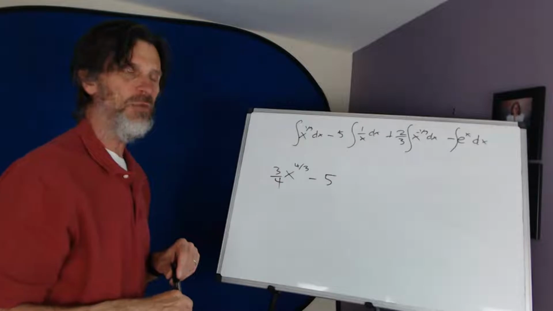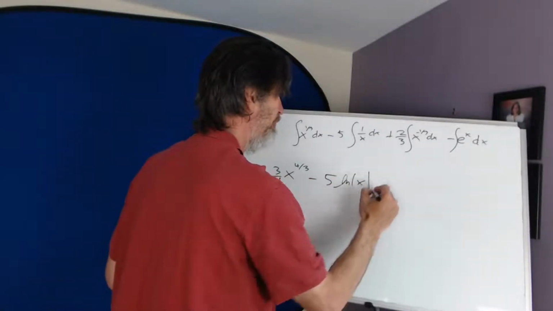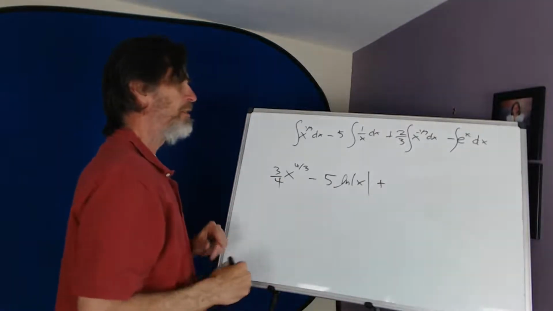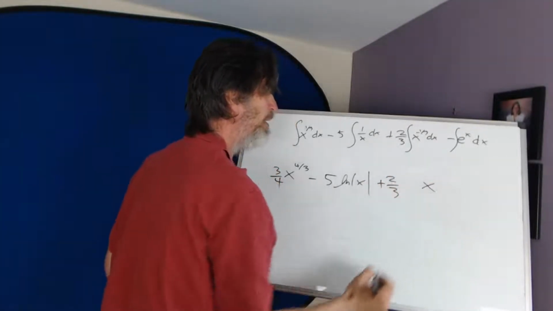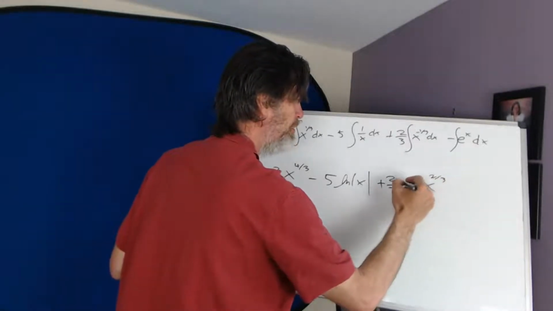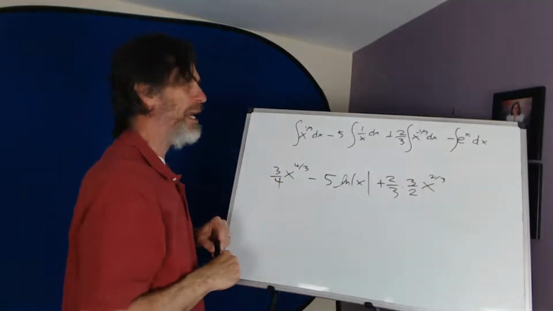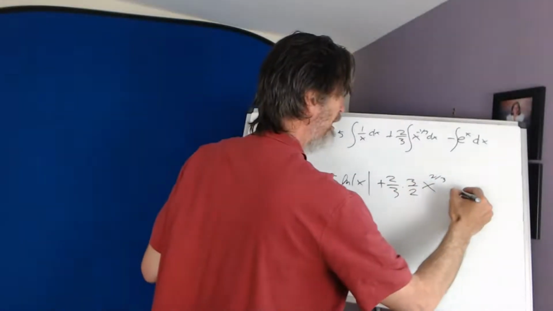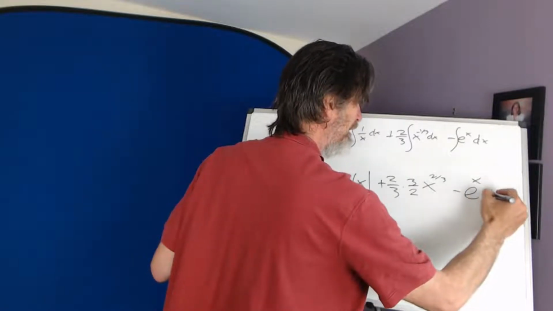This is the one case where the power rule doesn't work. Natural log absolute value of x. Plus 2/3, a constant multiplier. Keep the x, raise the power by 1. That becomes 2/3. Multiply by the reciprocal of that new power, 3/2. And then finally at the end, minus the antiderivative of e to the x, which is e to the x.